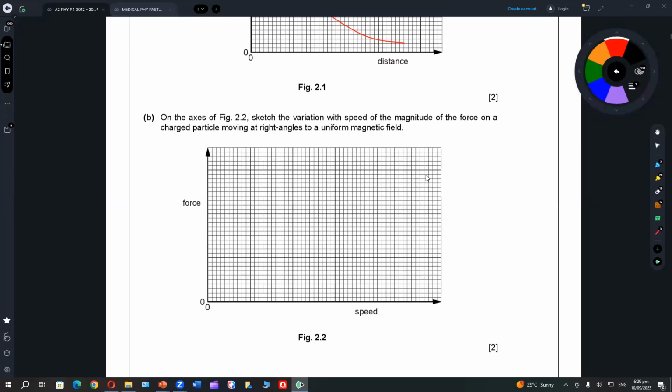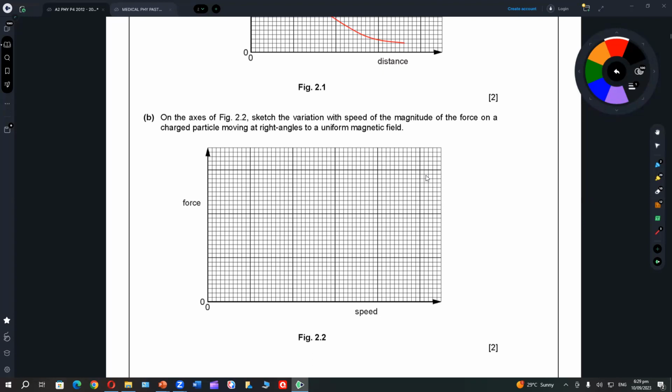On the axis, figure 2.2, sketch the variation with speed of the magnitude of the force on a charged particle moving at right angles to a uniform magnetic field. Some people must have done this with me, some people haven't.